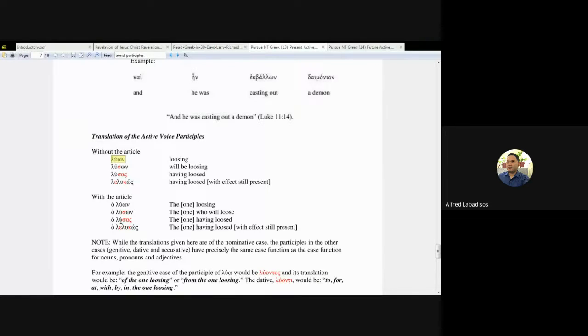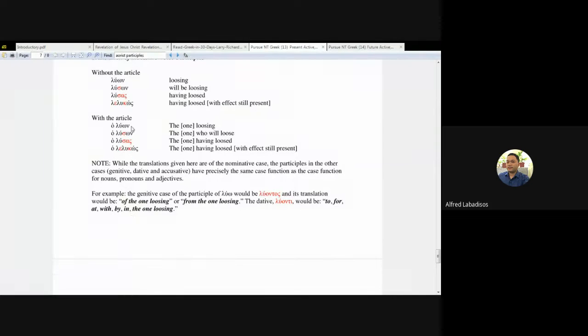Then ho lusas, the one having loosed, and ho lelukos, the one having loosed. This is all in the active: we have the present, future, aorist, and perfect. Now, of course, these are all in the nominative. What about if in the genitive and dative?